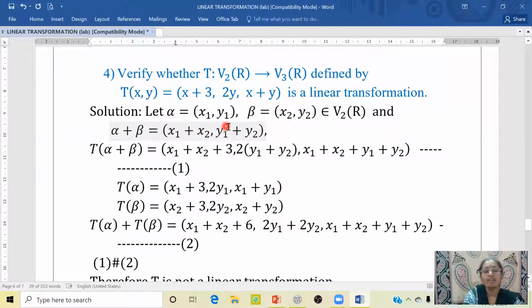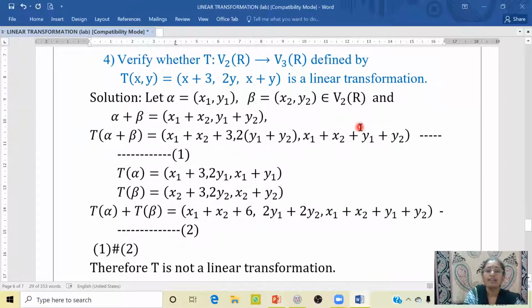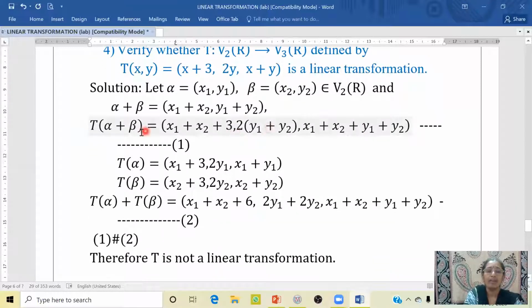Alpha is equal to x1 y1 and beta is equal to x2 y2 are the two elements of V2R. And let us add alpha plus beta, apply T on alpha plus beta. So you're going to get x1 plus x2 plus 3, comma 2 into y1 plus y2, comma x1 plus x2 plus y1 plus y2. Name this as expression 1. T of alpha is given by x1 plus 3, comma 2 y1, comma x1 plus y1.